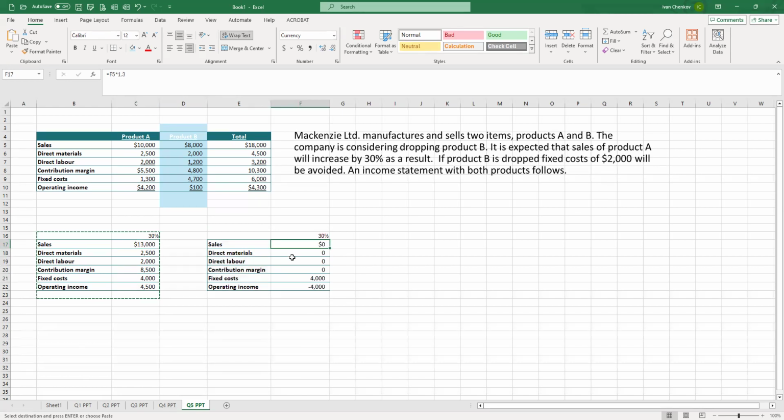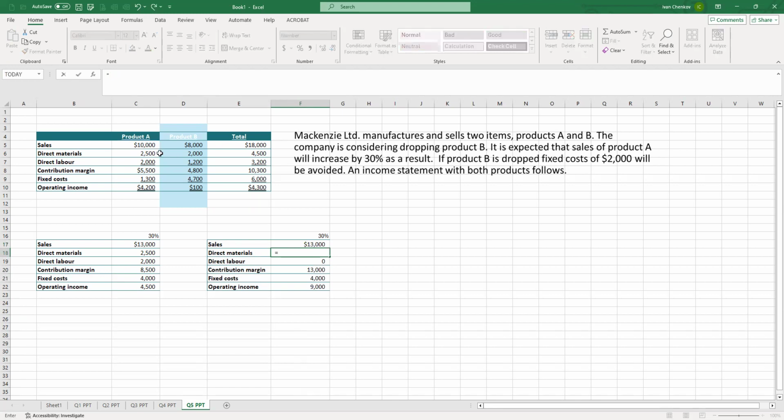And once the sales goes up, our variable cost also is going to go up with how much? With exactly the same. Make sense? So this one times 1.3. If that happens, that will be our operating income.